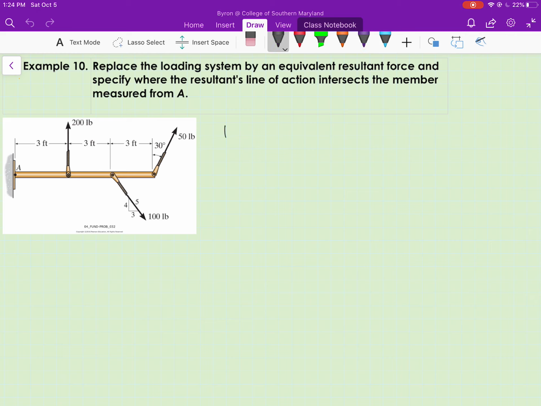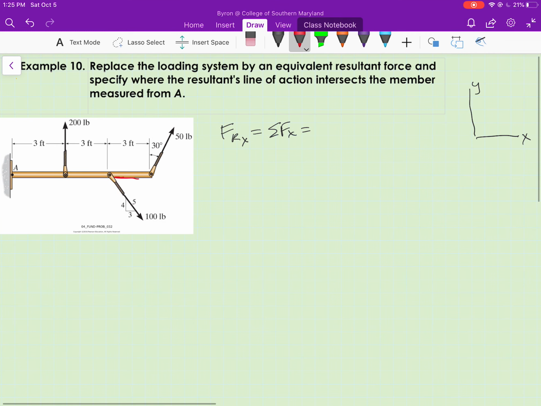The components of the resultant force, F sub Rx, is going to equal the sum of the forces in the x direction. I'm working in, again, standard yx reference. I'll start with the 100-pound force. It has a positive x component that is going to be equal to 100 times 3/5.